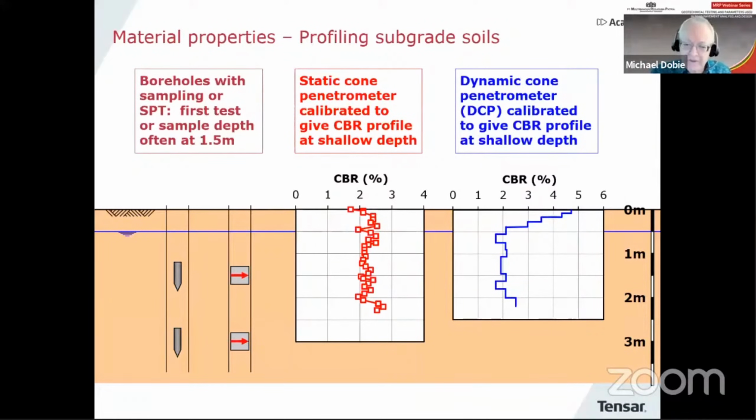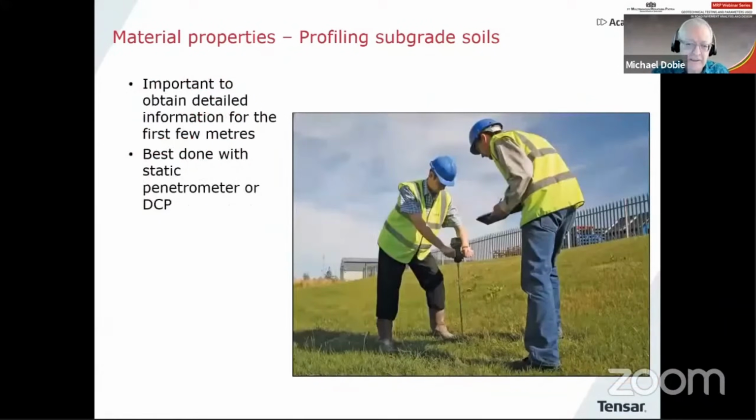These sorts of tests are very nice for looking at subgrades, partly because they're simple tests, but also because you get a very detailed profile in that upper meter or so, which is the most important part of the profile of the soils. And there you are. So you see two gentlemen there doing, in this case, a static cone test, but just looking at the upper soils in a particular profile.